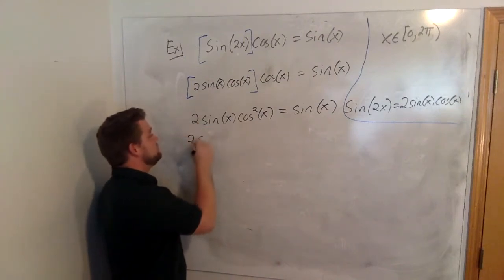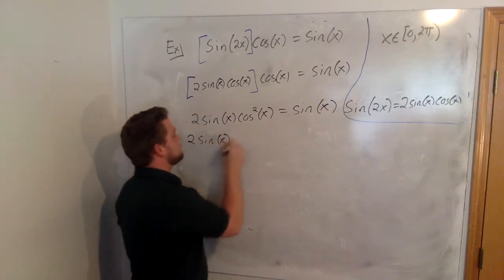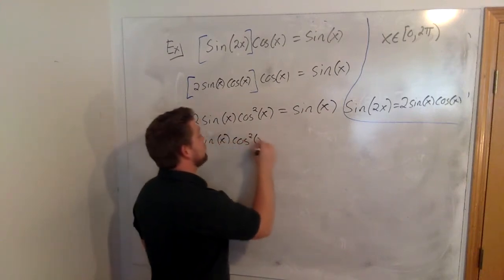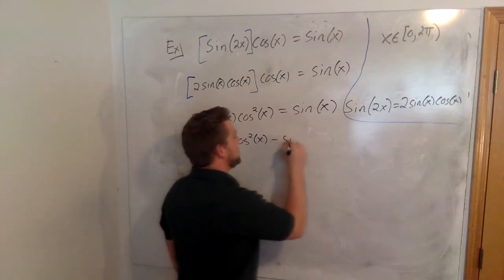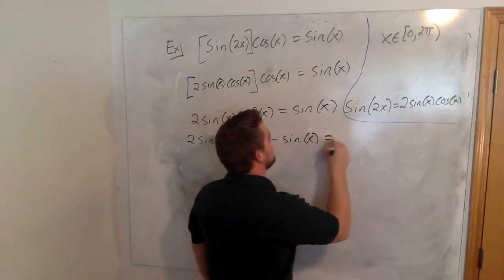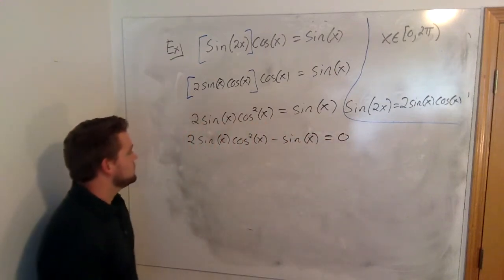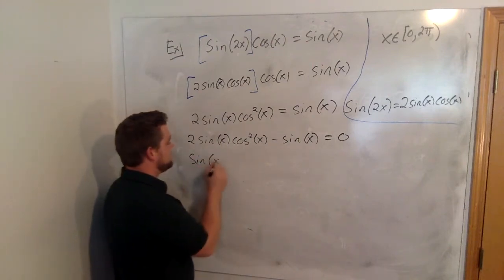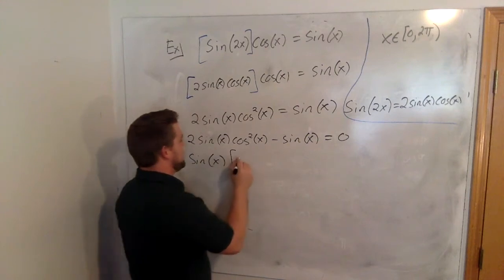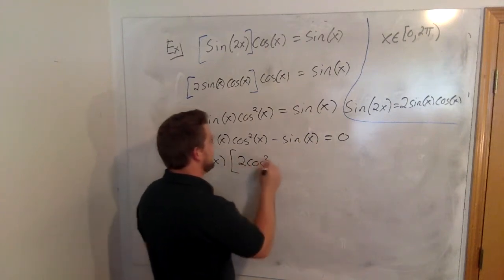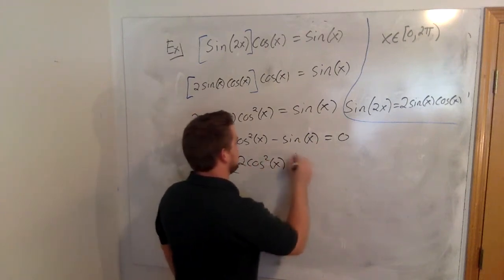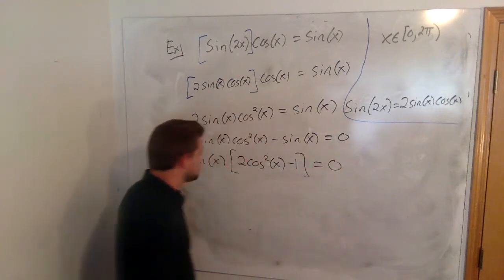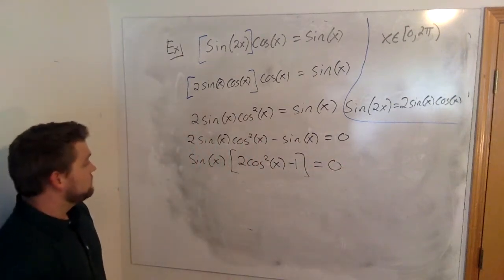So we're going to have 2 sine of x times cosine squared of x minus sine of x equal to 0. Let's go ahead and factor out a sine. So here we'll have that sine of x times 2 cosine squared of x minus 1 will be equal to 0.